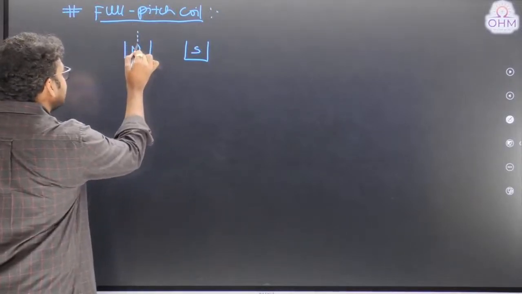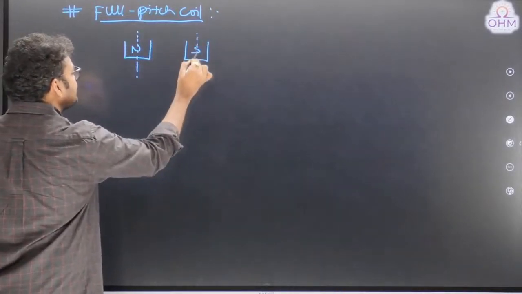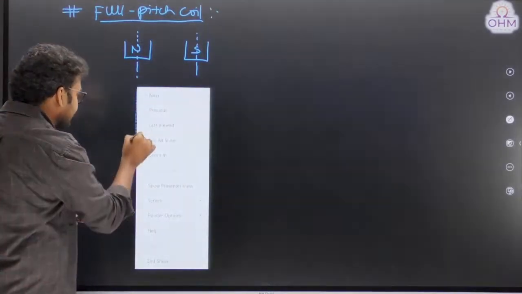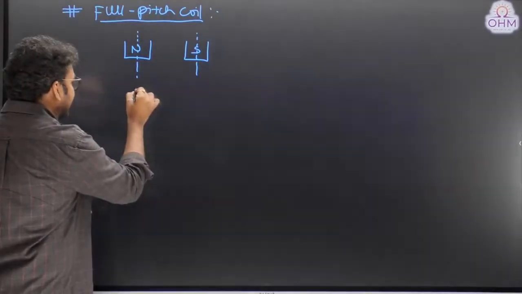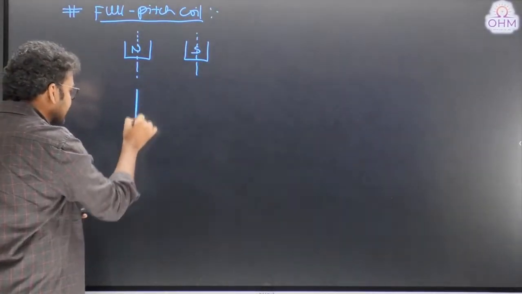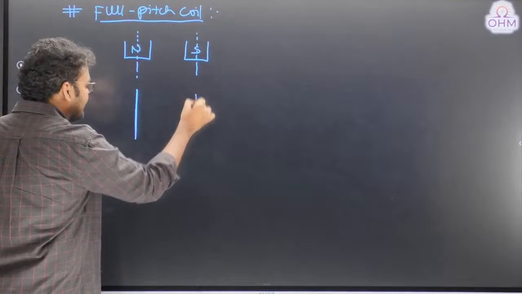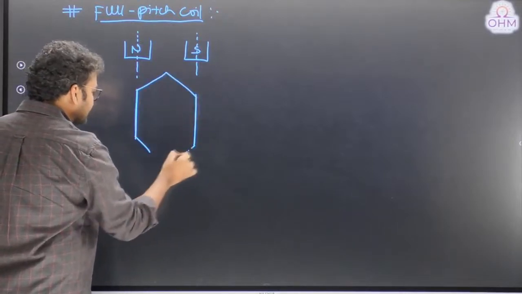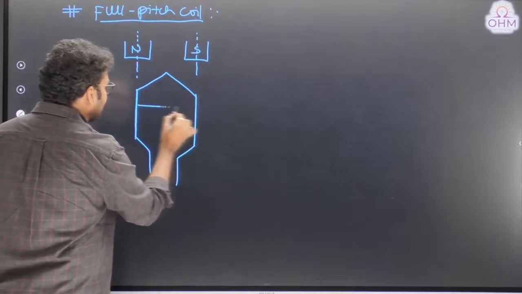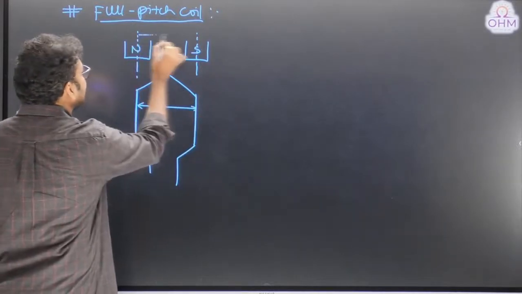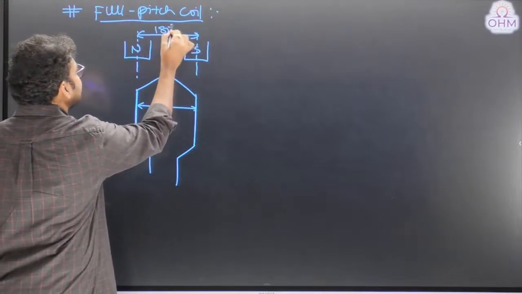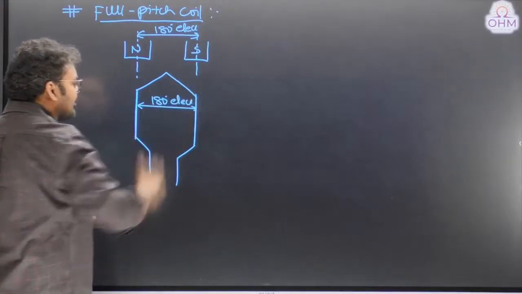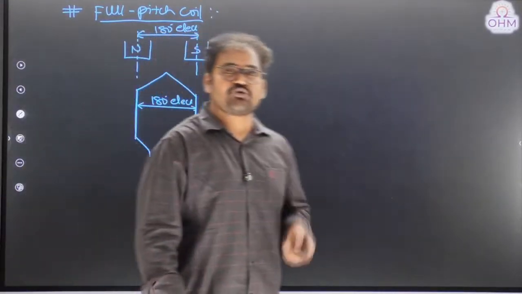I am placing one coil side exactly under the north pole, the other coil side exactly under the south pole. Is the coil pitch not equal to the pole pitch, 180 degrees electrical? Such coils we call full pitch coils.